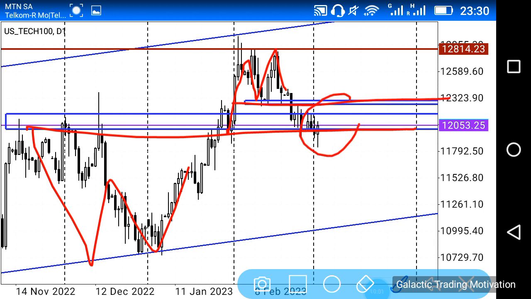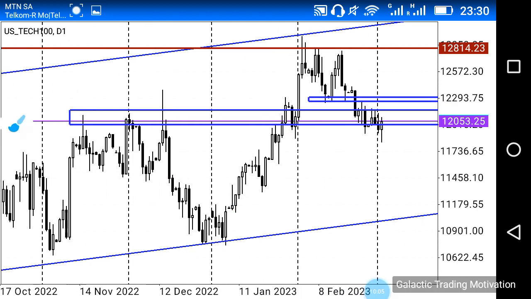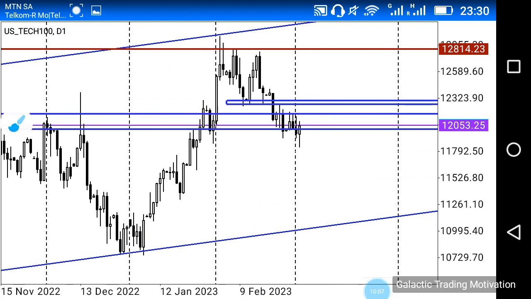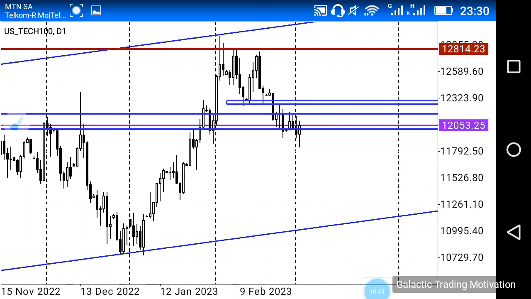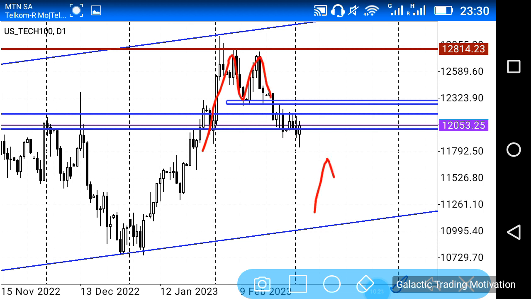And I said that at this point things are a bit risky as far as buying goes, right? Nonetheless, let's see, guys. From here, what I'm gonna do is head down to the H4 chart. Before I do so, guys, I just want to point out that as much as we have this M structure over here, just keep in mind that whenever we have M structures, what normally happens is that a lot of traders and investors sell on the second leg of that M structure, and they place their stop losses just above, right?